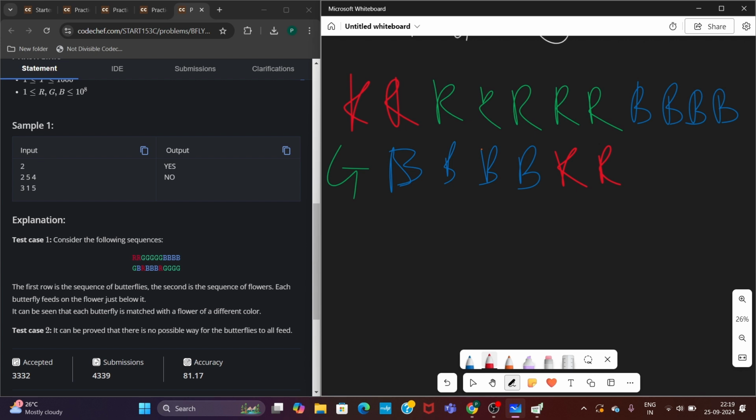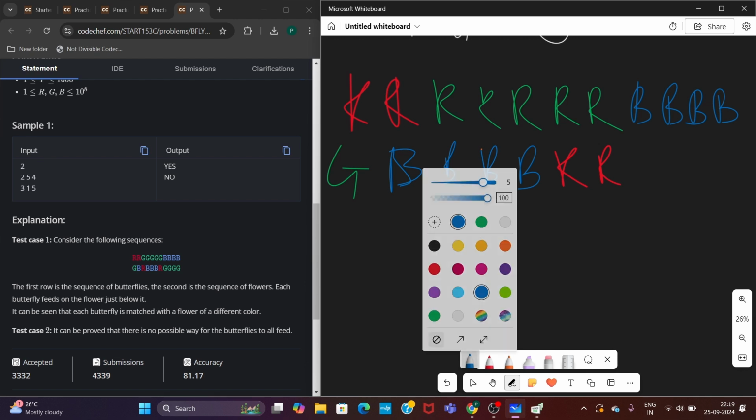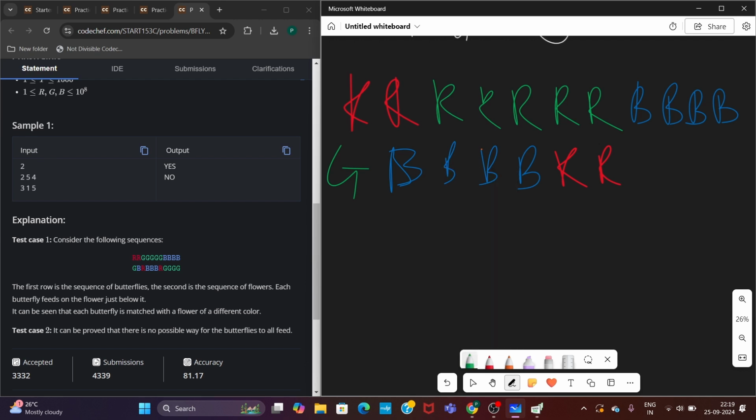The blue butterflies will be matched with the green flowers or red flowers, but as we are able to see, all the red flowers are completed. So now we will match with the green flowers, so it will be green, green, green and green. Here we have completed all the flowers. Means all the respective butterflies are able to feed on different flowers, and each butterfly is feeding on a single flower only.